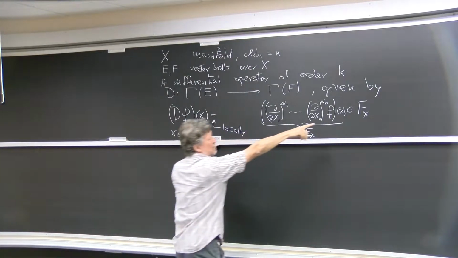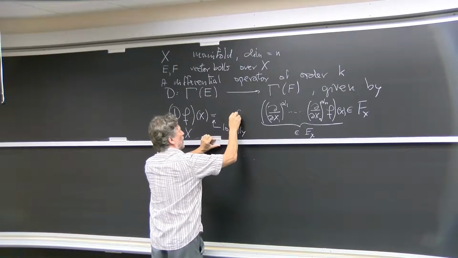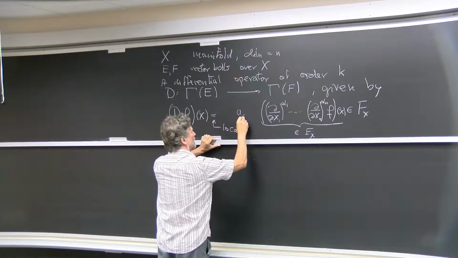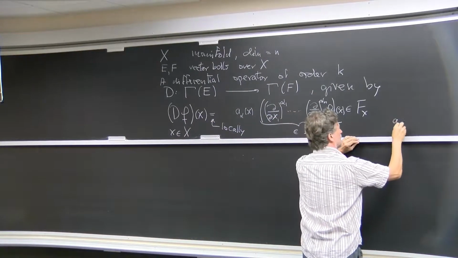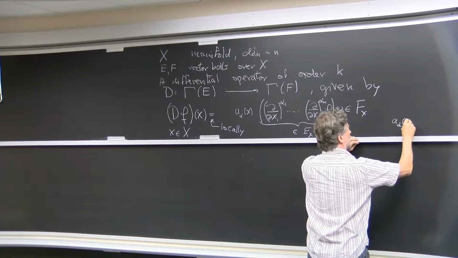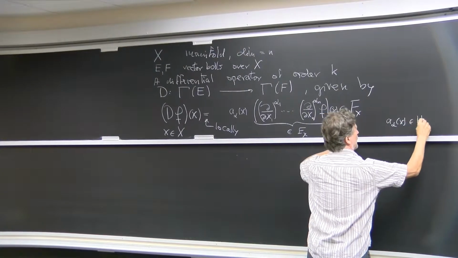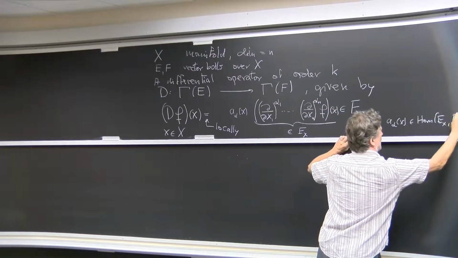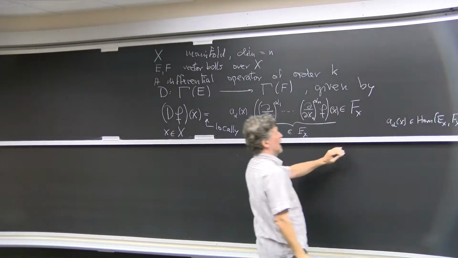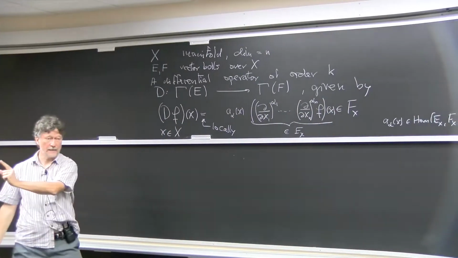So now I want to transfer it over to F. Well, I need a homomorphism, say A sub alpha, which does the job. So A sub alpha of x is just a linear map from the fiber E_x into the fiber F_x. And it can depend on the point x.